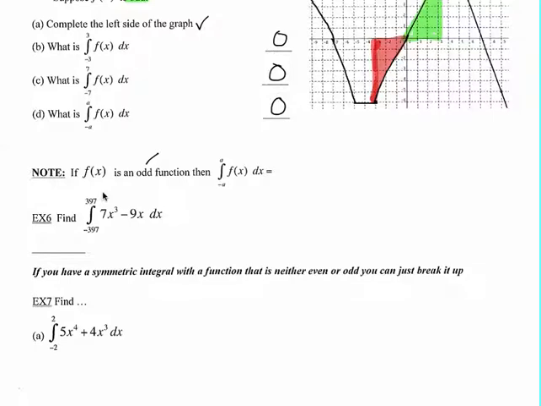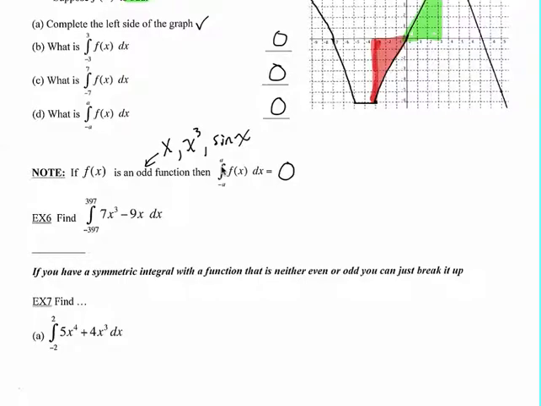Odd functions, you can have x cubed, sine x is an odd function. So those are examples of odd functions. And the general rule here is that if you're taking the integral of an odd function going from negative a out to positive a, so you're going the same to the left of the origin as to the right of the origin, then the value of the integral is 0.